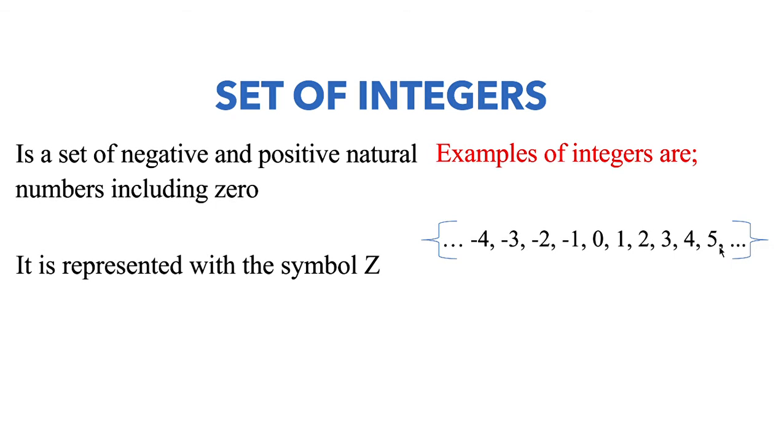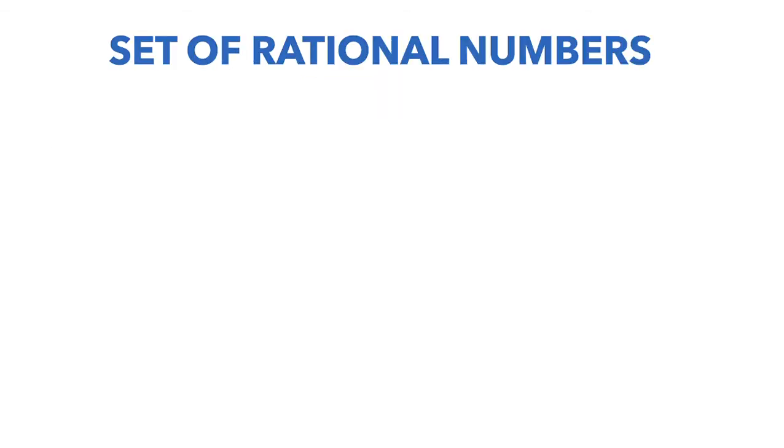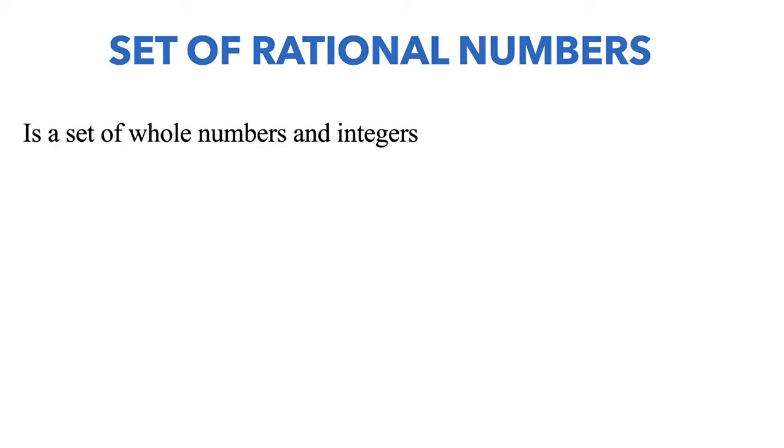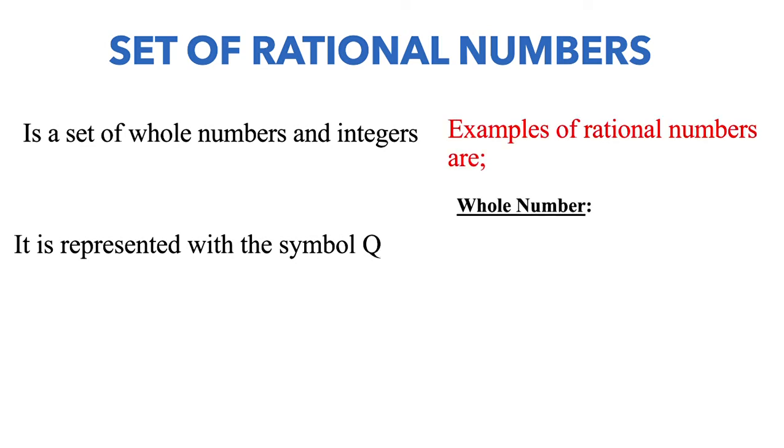All right, the next set of numbers are the rational numbers. Question, what are rational numbers? They are a set of whole numbers and integers, and the symbol is the letter Q. Examples of rational numbers are whole numbers, which include 0, 1, 2, 3, 4, 5, 6, 7, 8, 9, 10, and so on and so forth.